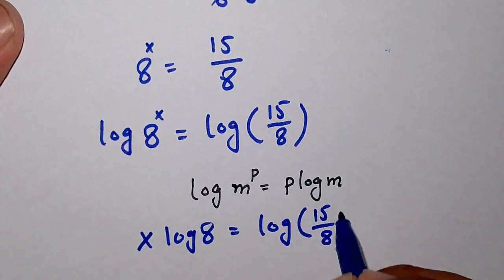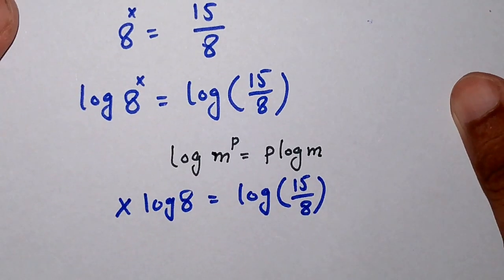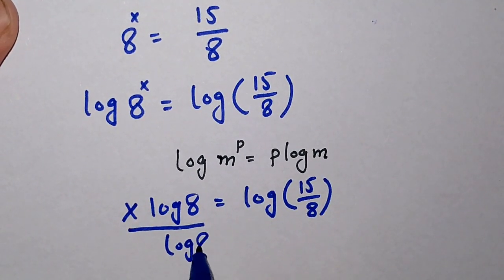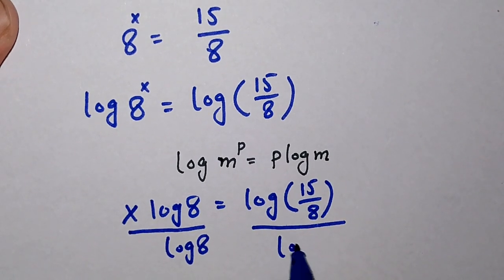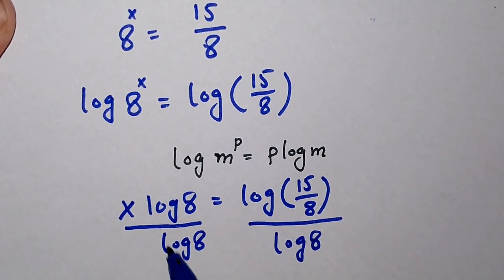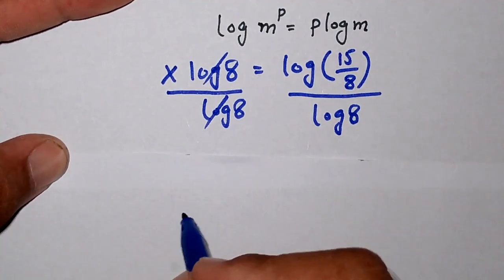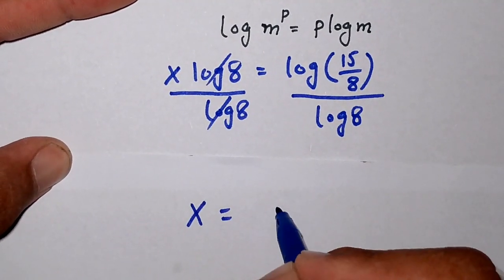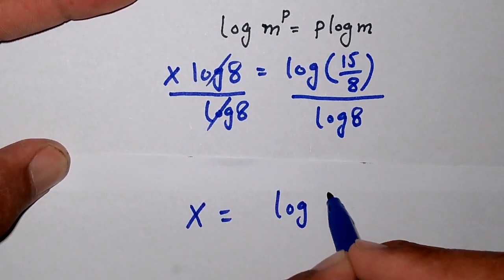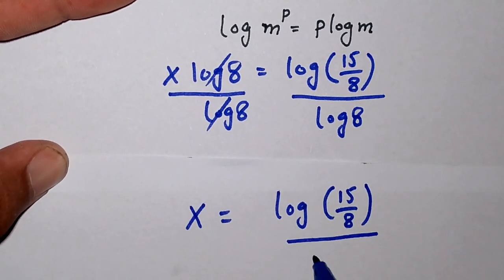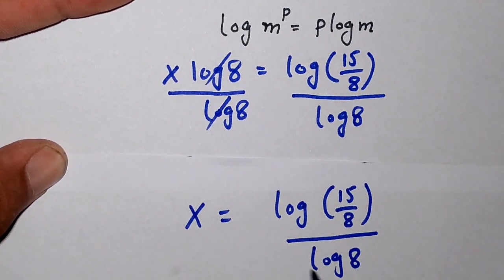Now after this we have to divide both sides by log of 8, so this side divided by log of 8 and this side divided by log of 8. Here this log of 8 cancels with this log of 8, so x is equal to log of 15 over 8 over log of 8.